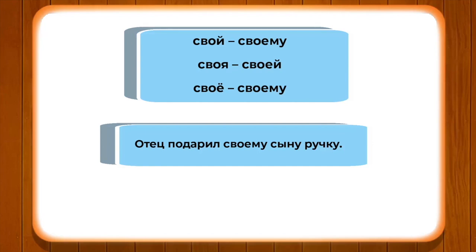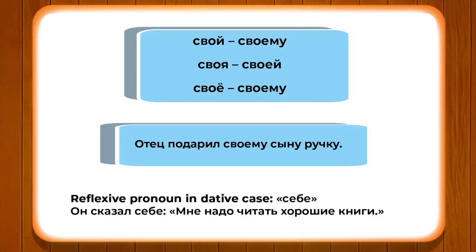Father gifted his own son a pen. Otets podaril komu? Svoemu synu ruchku. With this example we have understood the relationship between the dative case and svoy.